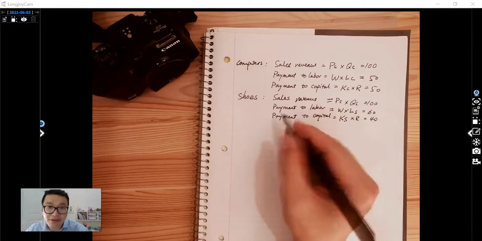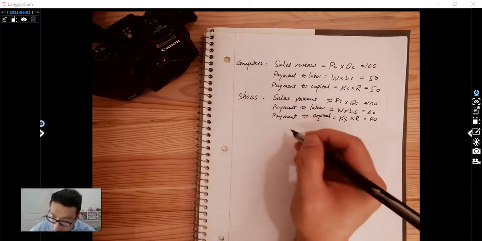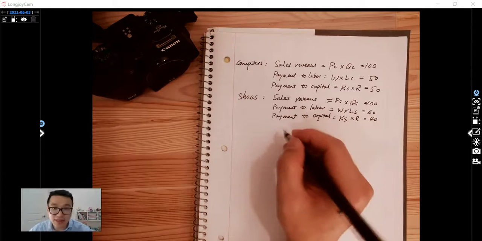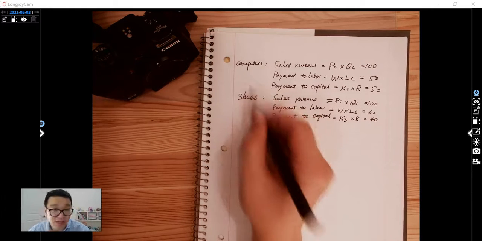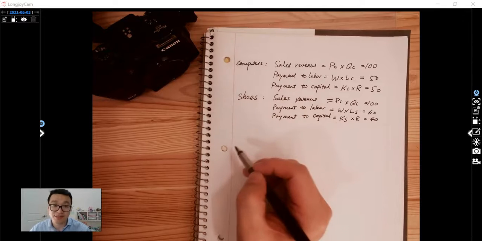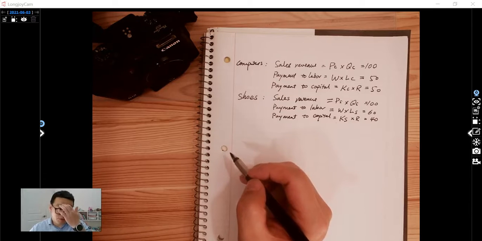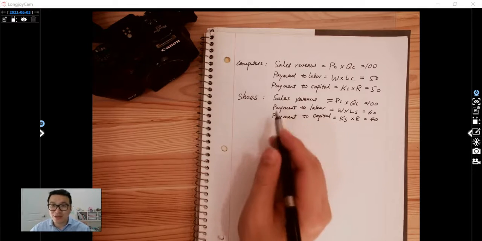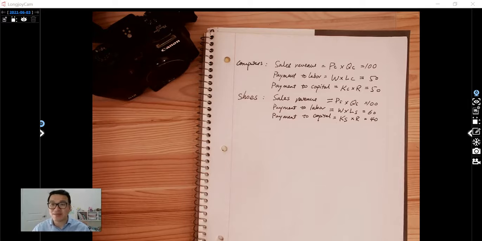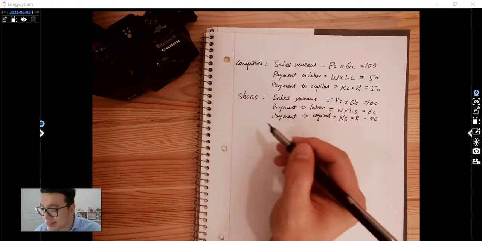Now we have this basic condition set up. Then the question is, between computers and shoes, which industry is capital intensive, and which industry is labor intensive? In our mind, we presumably think that computers should use more capital, but we need proof. For any type of question, you cannot just say, I think, you need to prove. How to prove that?